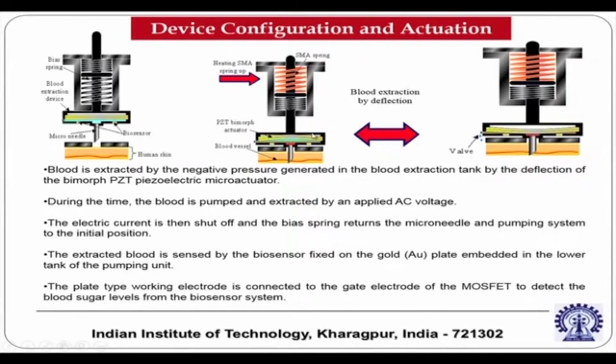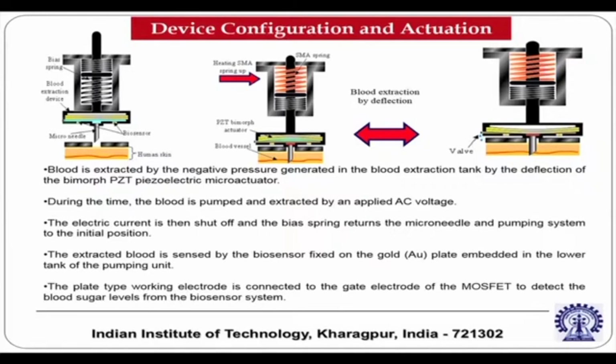If I point here with the pointer you can see, this actuator gets deflected up, that means a suction pressure is created, and because of the suction pressure or the negative pressure the blood is sucked. So this is a beautiful mechanism by which blood is sucked by a suction pressure without necessitating a large indentation force. Then the electric current is shut off and the bias spring returns the microneedle and the pumping system to the initial position.